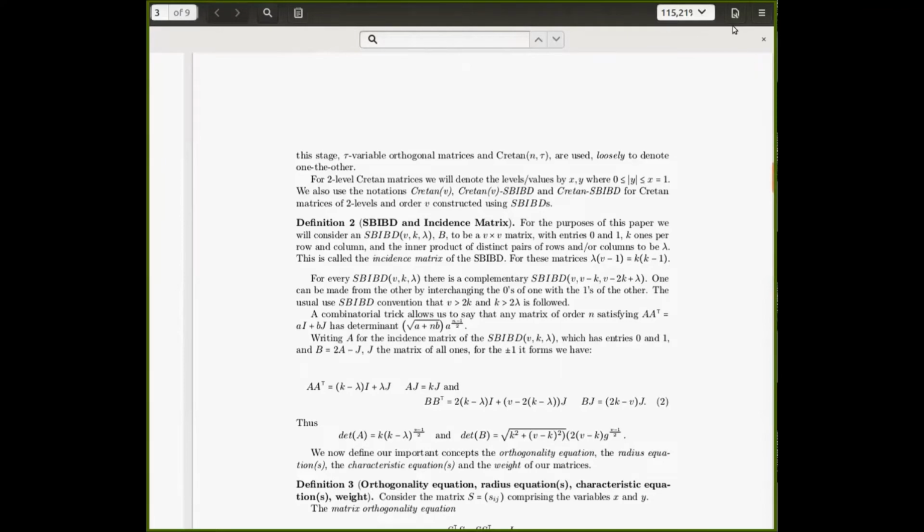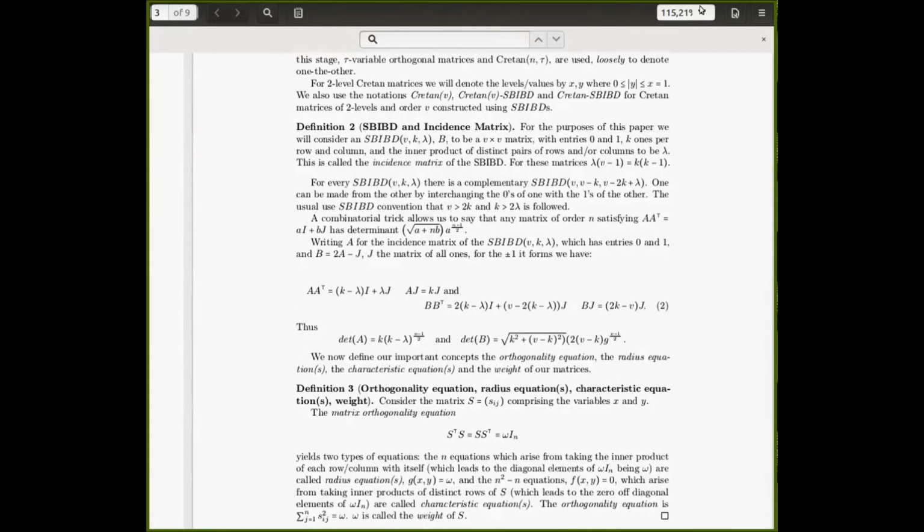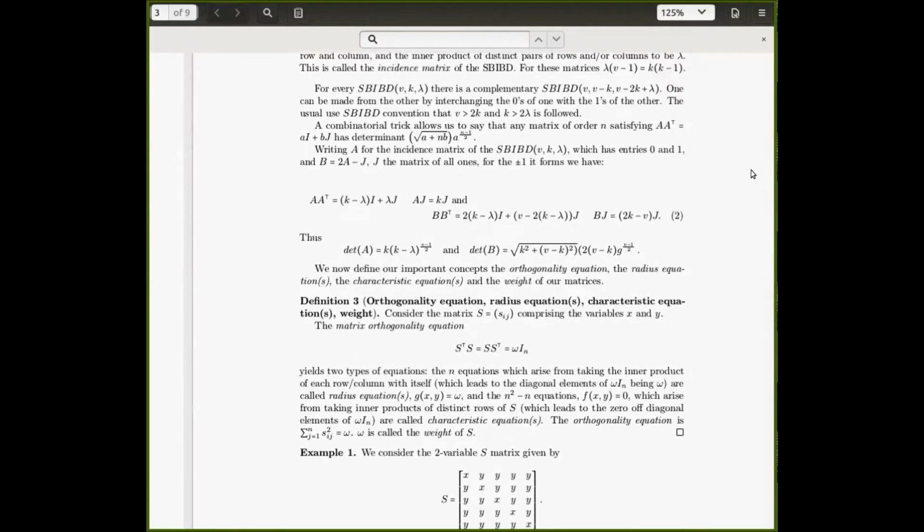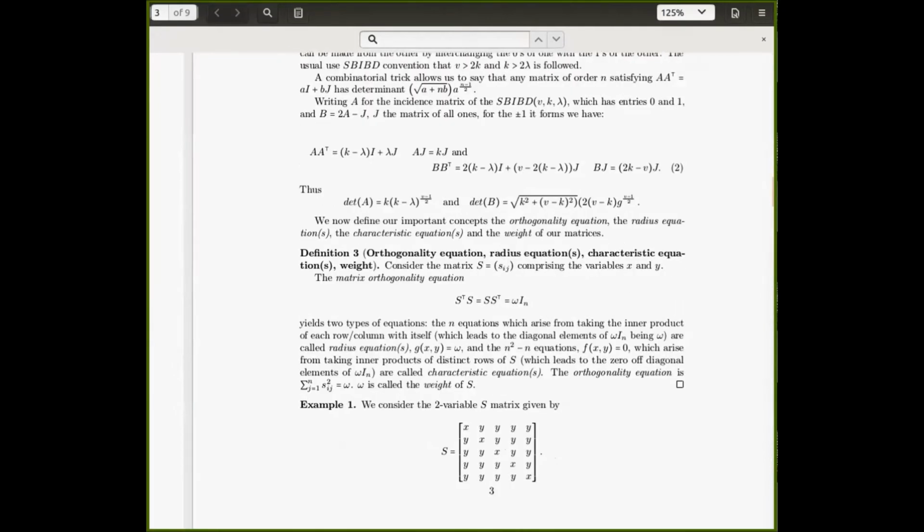Okay, now let's move down a bit so we can get this part here. Now, the variables we're going to have: this matrix S S transpose, or S transpose S, is going to be W times the identity matrix.